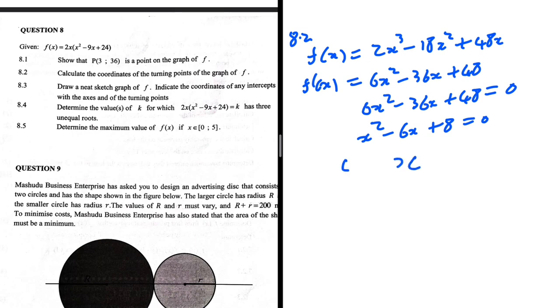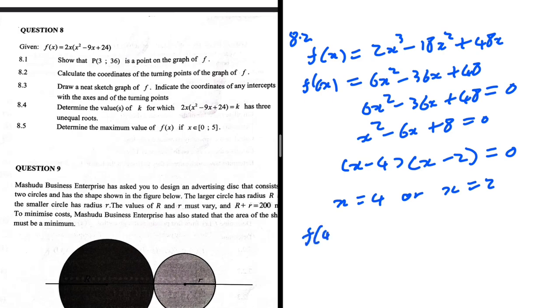Factors of 8 which, when we add, give minus 6: (x minus 4)(x minus 2). So x equals 4 or x equals 2. These are the x coordinates of our turning points, but we're looking for the actual coordinates. So we need to find f of 4 here, and here we need f of 2.